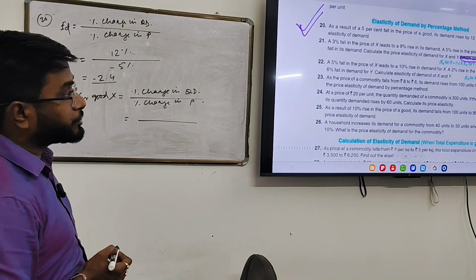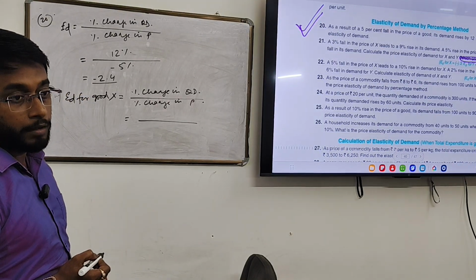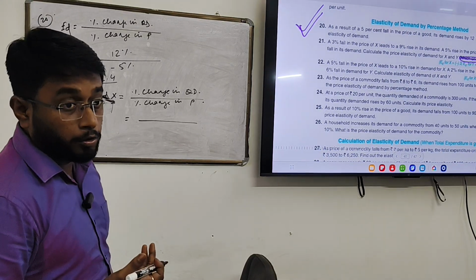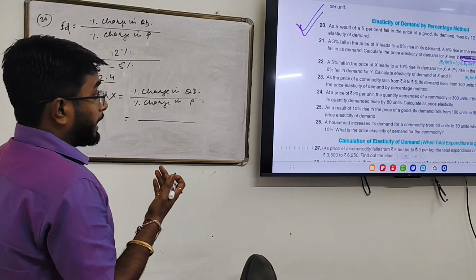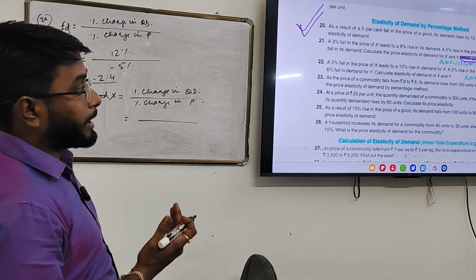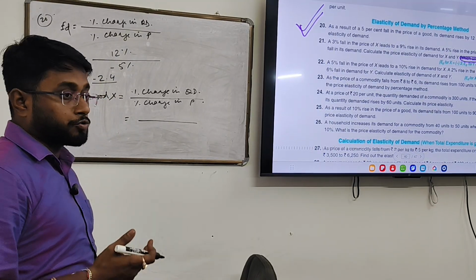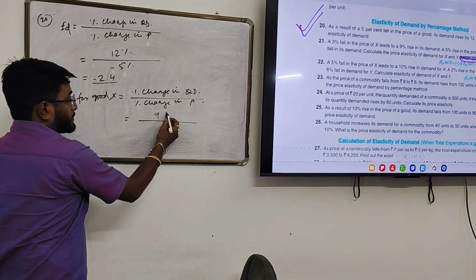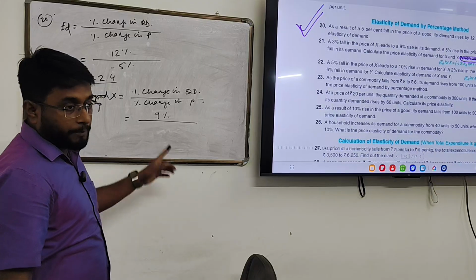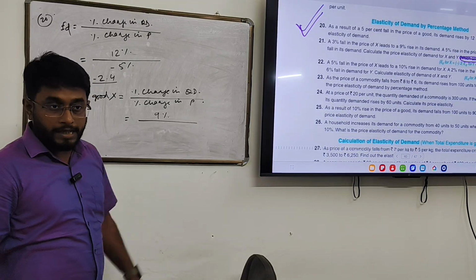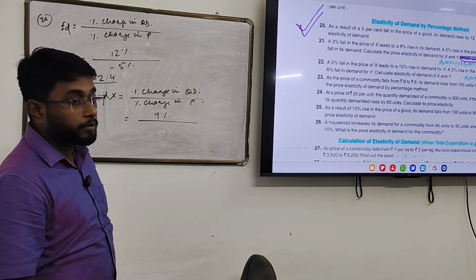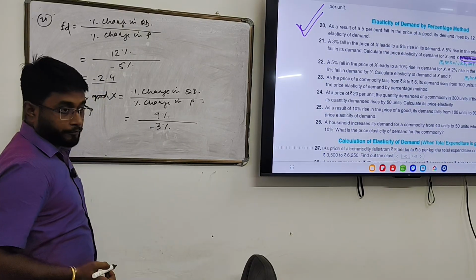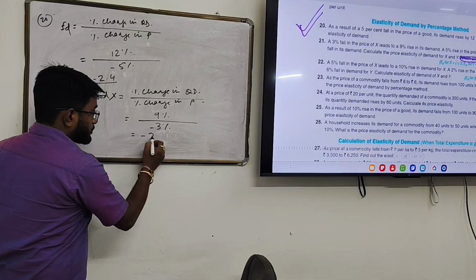What is the value? A 3% fall in the price of good X leads to a 9% rise in the demand. That is, QD is 9%, and 9% is plus because of the rise. And what is price? 3%. 3% is a fall, so negative. So the answer is minus 3.